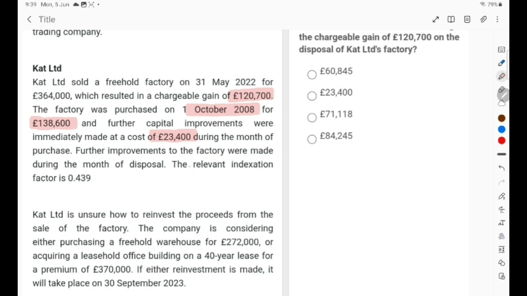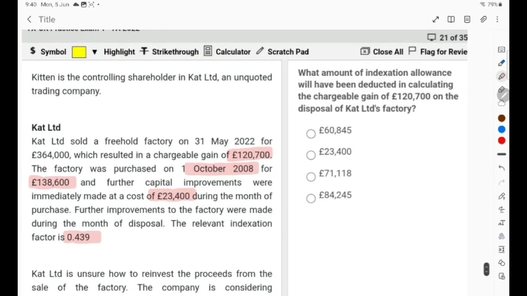Further improvement to the factory were made during the month of disposal. The relevant indexation factor is 0.439. Now the question about this scenario is, what amount of indexation allowance will have been deducted in calculating the chargeable gain of 1,20,700 on the disposal of CAT Limited's factory?